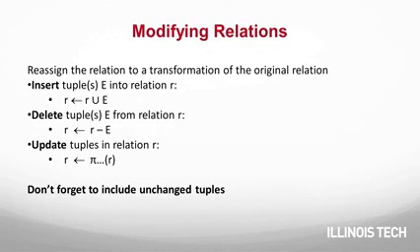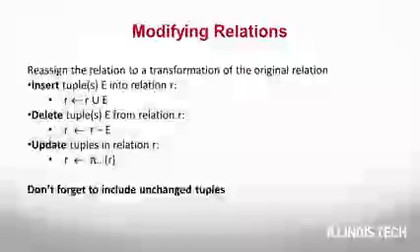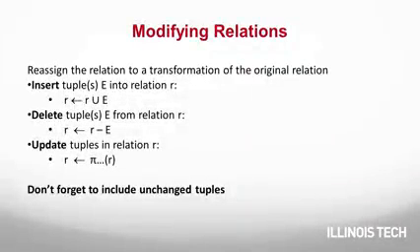And if we want to update tuples, we can, as we will see in a little while, use generalized projection to change the information in particular tuples within R. We reassign it, and now we have a new set of tuples with the new information.